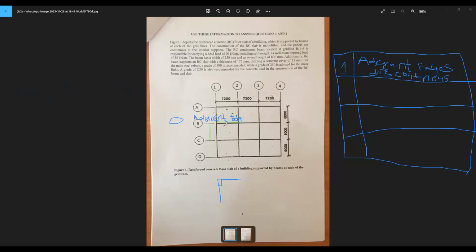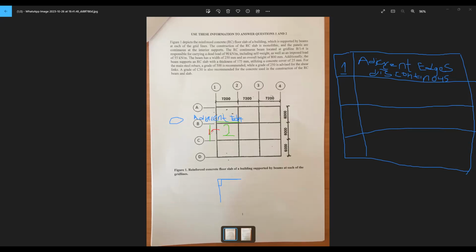So let me say this is my slab 2. Let's try and get out of the panel and see which of the sides will be continuous and which of them will be discontinuous. So this is a shorter side.